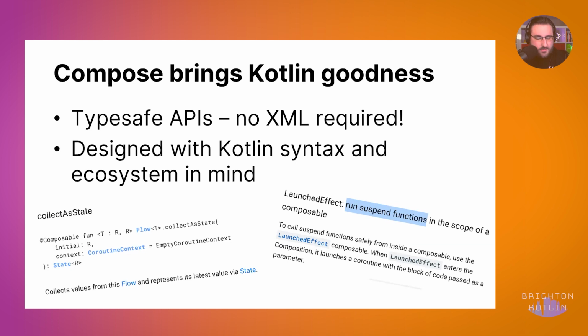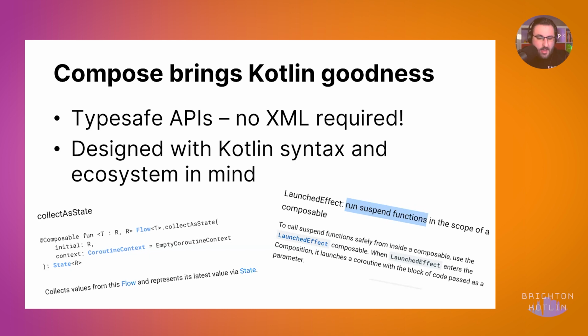And the beauty is also that being a real Kotlin framework means that it has all the ecosystem in mind. For example, if you're handling side effects, the launched effect function allows you to run suspend functions, which is inherently bound to Kotlin coroutines.